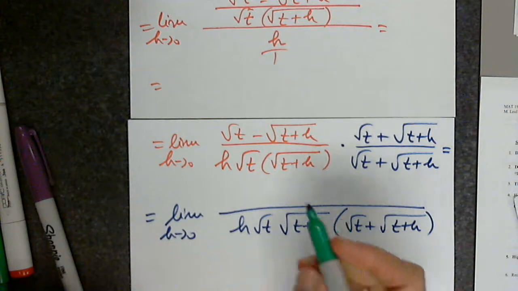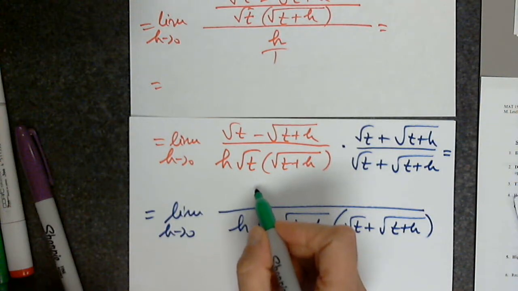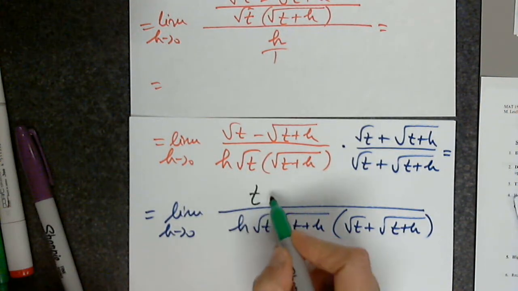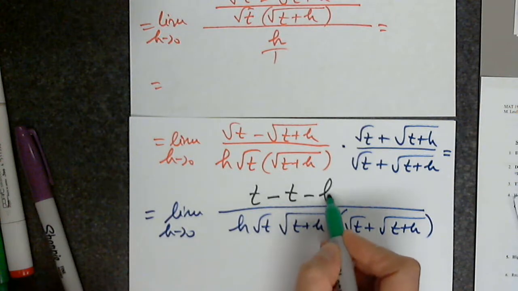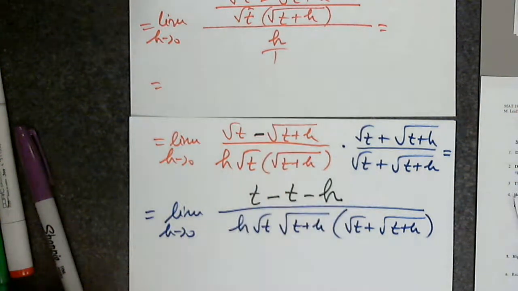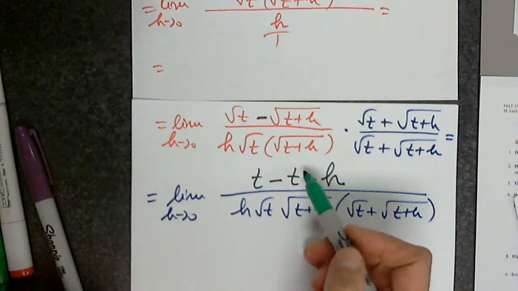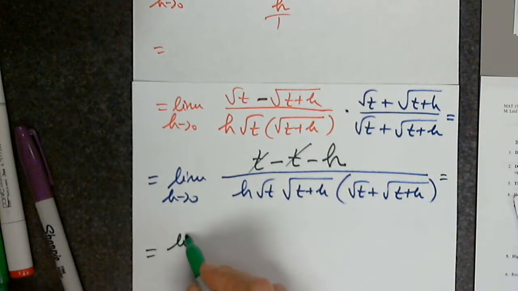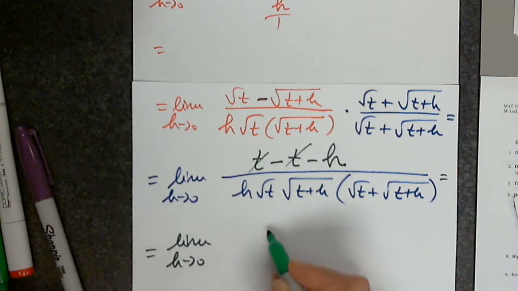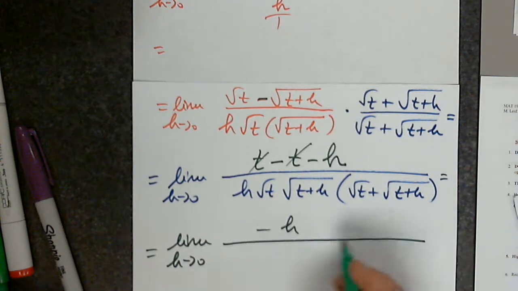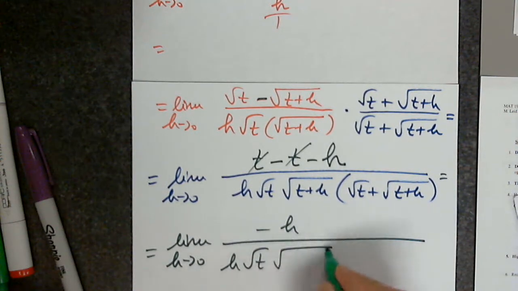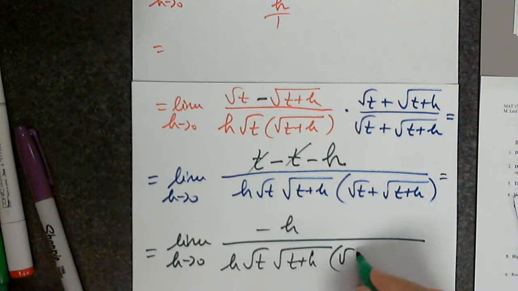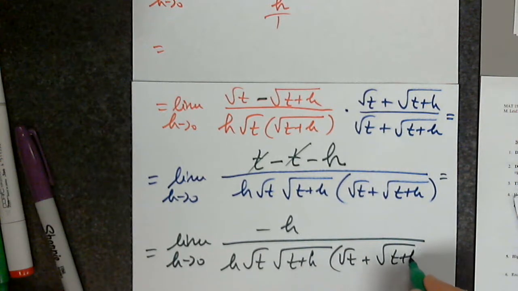So it's going to be t minus t, careful, minus h, because we have to distribute. These two go away. Do not cross out in a sum, so we have to write it one more time: negative h over h times the square root of t, the square root of t plus h, the square root of t plus the square root of t plus h.